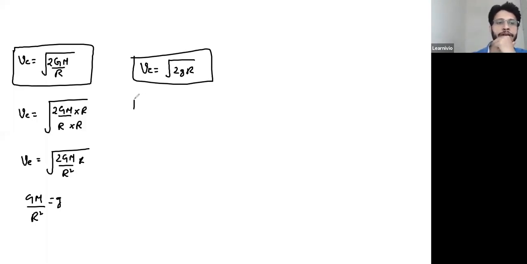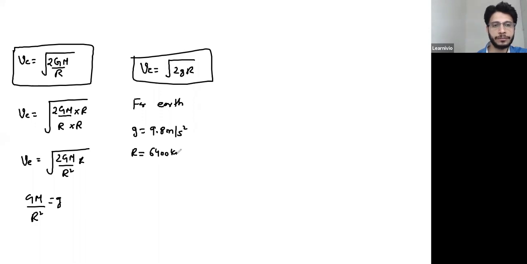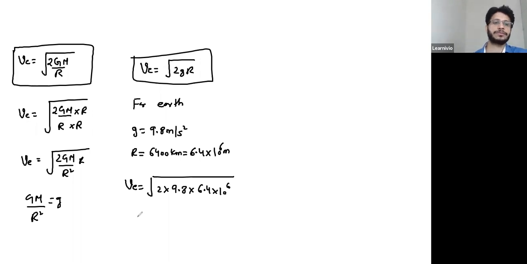If you want to calculate this value for Earth, just put g equal to 9.8 meter per second square and R equal to 6400 kilometer, that's 6.4 into 10 raised power 6 meter. If you substitute all these values, the escape velocity comes out to be root over 2 into 9.8 into 6.4 into 10 raised power 6.